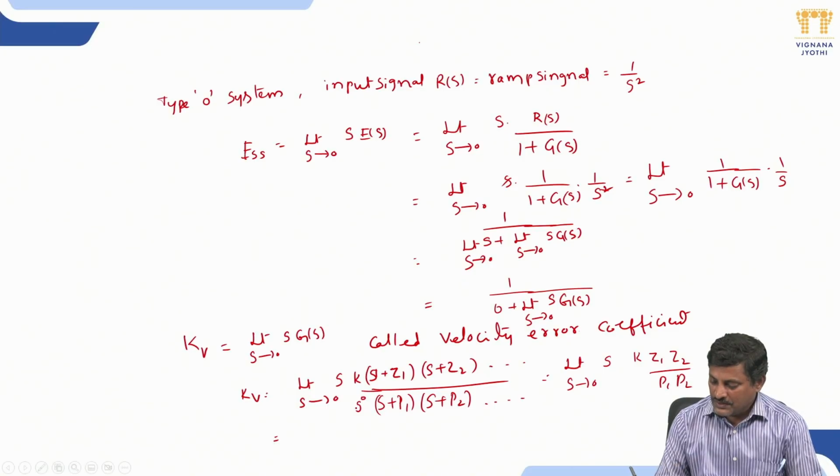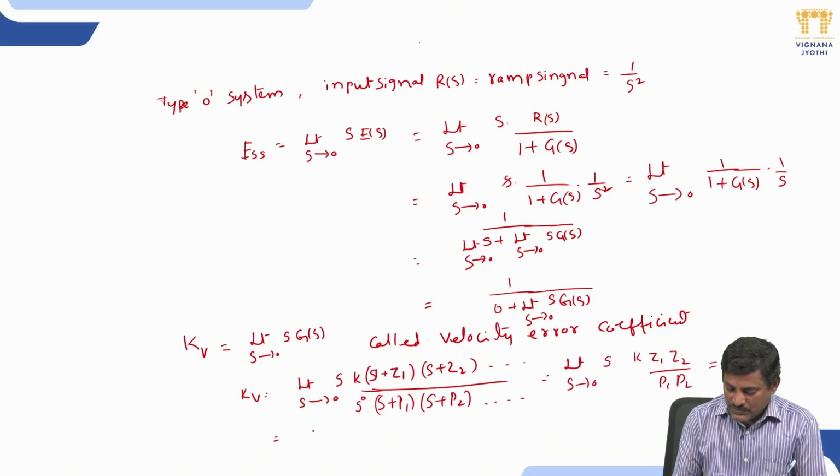S power 0 is equal to 1. So substitute S is 0, its value is equal to 0. Kv is equal to 0.